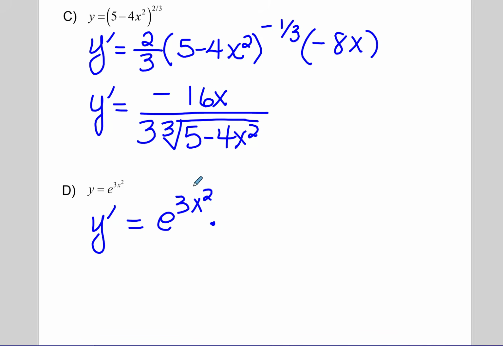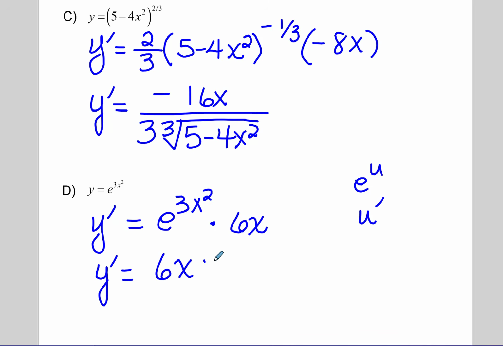We're going to multiply by the derivative of 3x squared, which is 6x. So derivative of the outside, e to the u, and then the derivative of u, which gives us 6x e to the 3x squared for our final result.